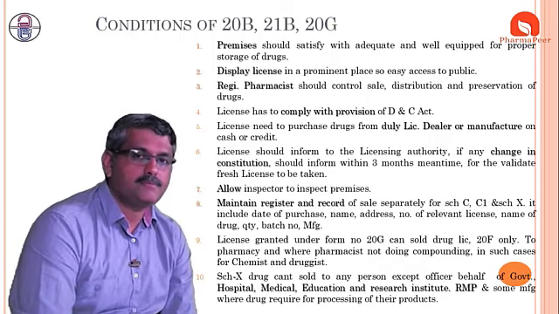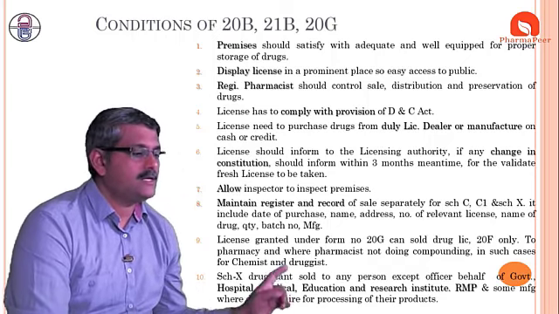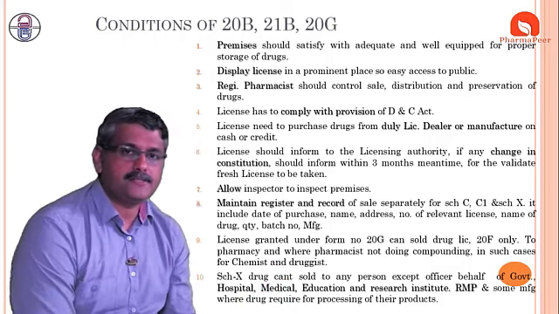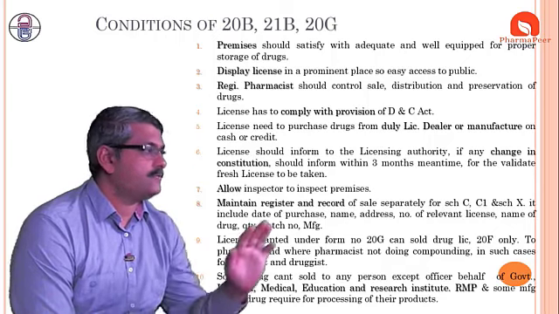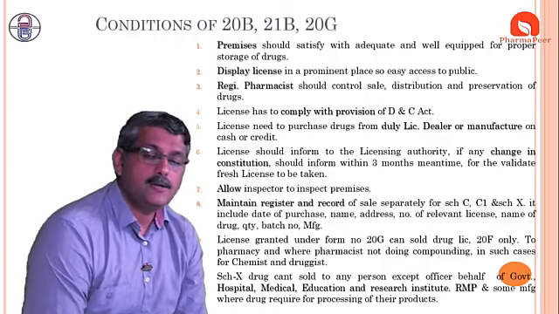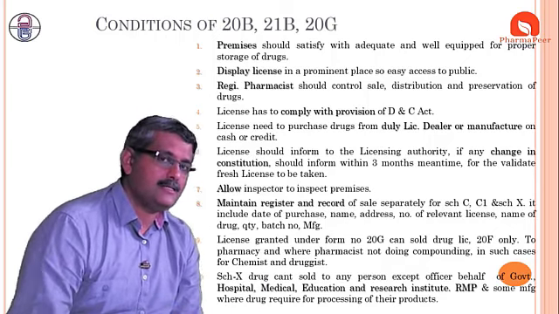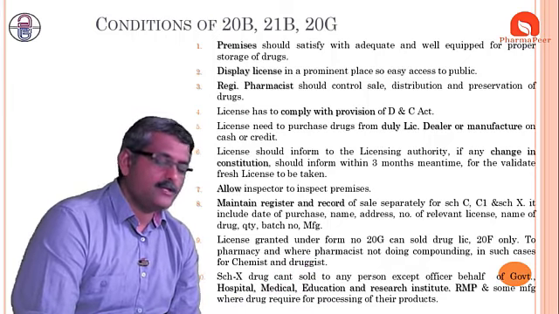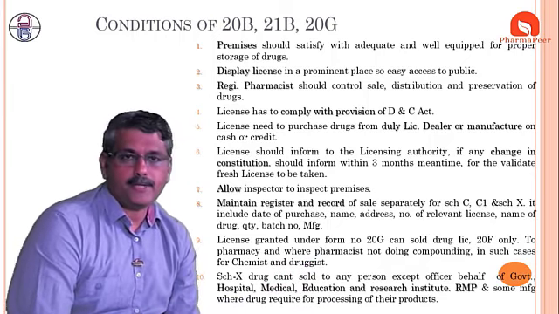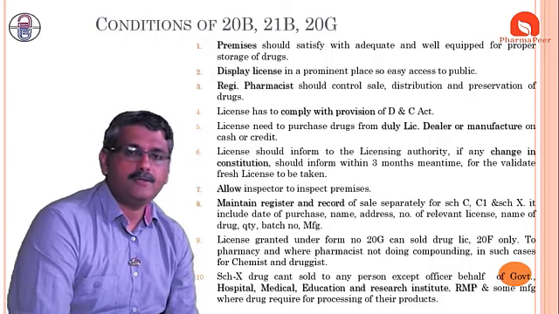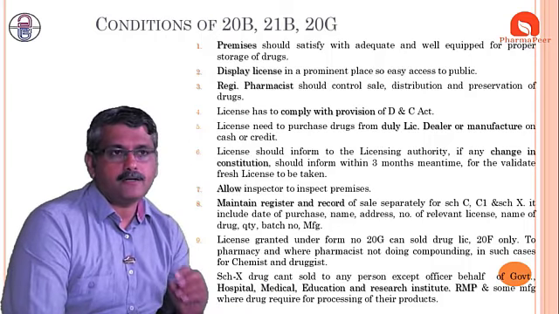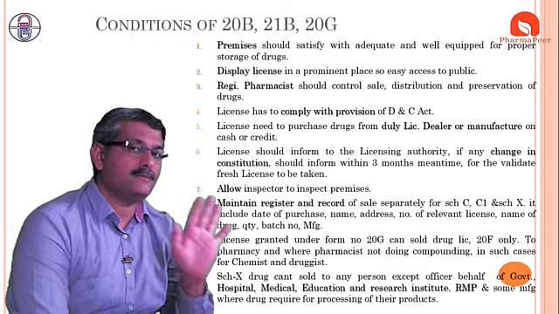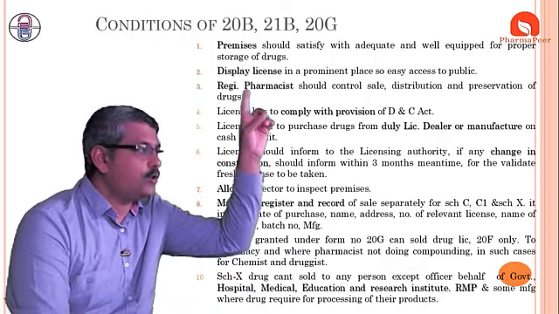Only to those persons can schedule X drugs be sold. Otherwise, we can't give to any other person. These are the only exceptional conditions. So this is about the conditions of the licenses for the wholesaler.